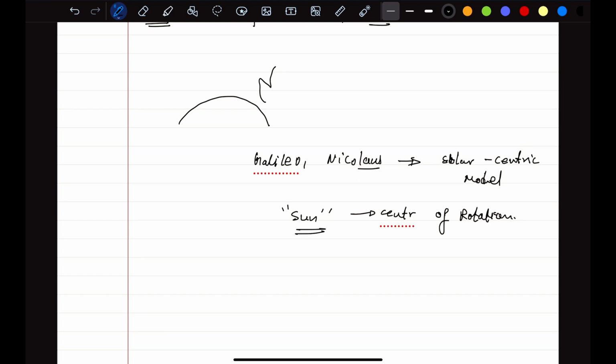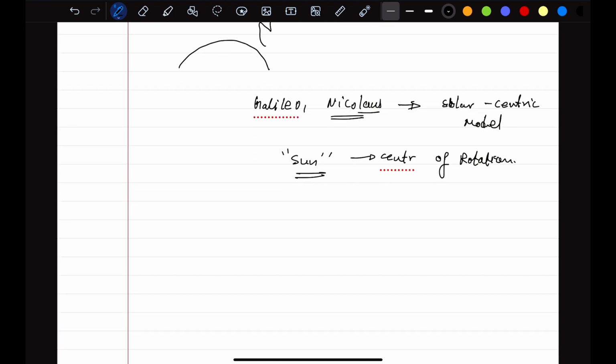Then, using the data of Nicholas, because Kepler was the student of Nicholas, he gave Kepler's laws around the mid 16th century to 17th century. He described how a planet moves around the sun and how you can predict the path of that motion.